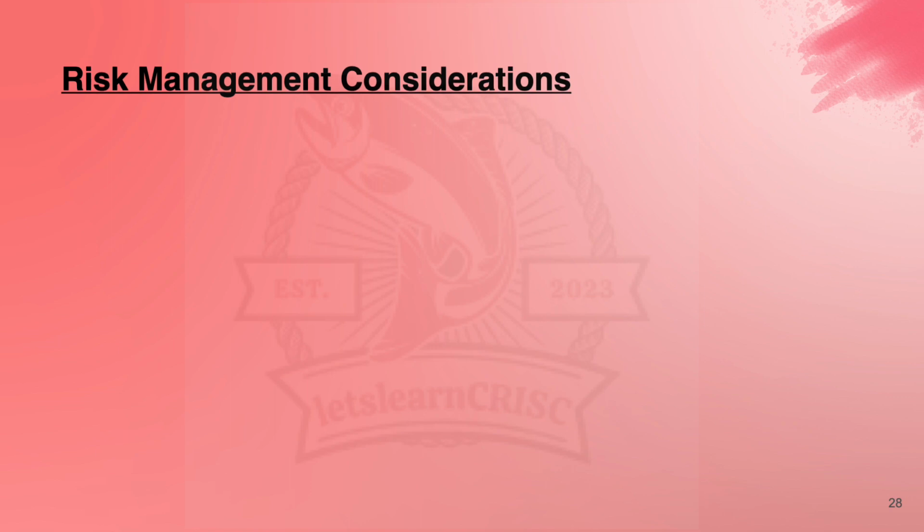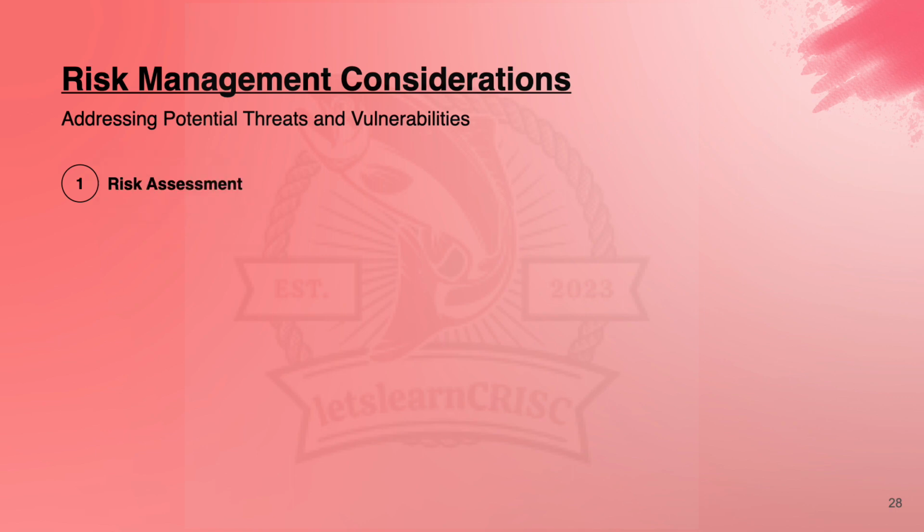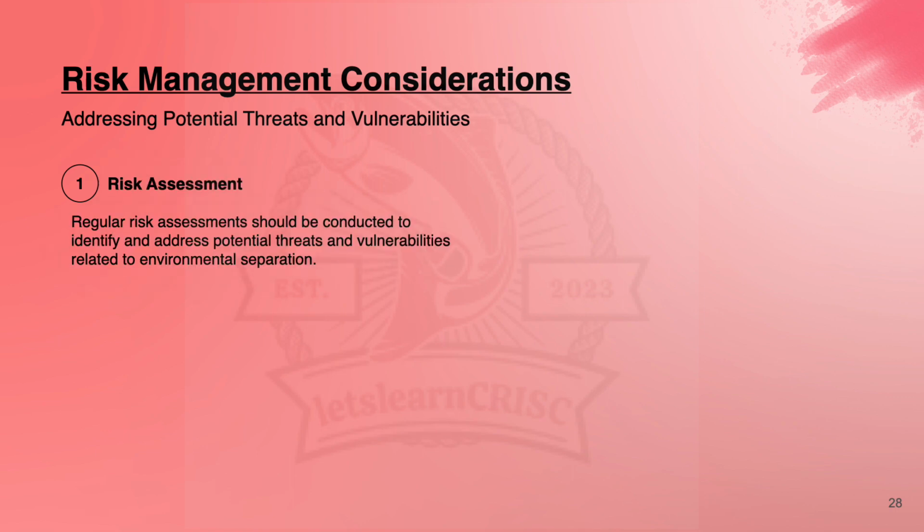Moving next, we'll discuss some risk management considerations: addressing potential threats and vulnerabilities. The first is risk assessment. Friends, regular risk assessment involves identifying and addressing potential threats and vulnerabilities related to environmental separation. It helps in understanding the risk and taking preventive measures.